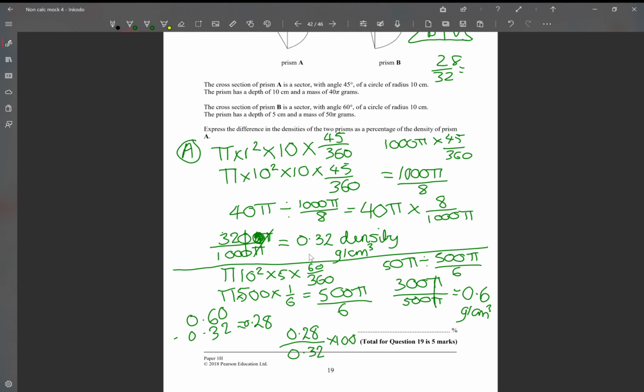So 4 goes into all of those, 4 goes into 28, 7, and into 32, 8 times 8. Sorry, I'm going insane. 7 eighths.